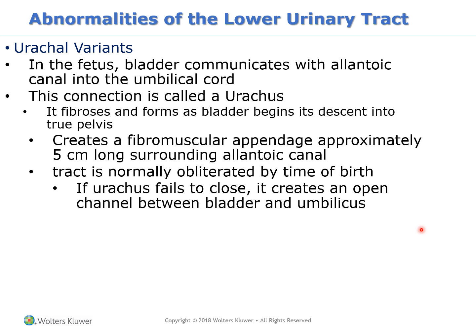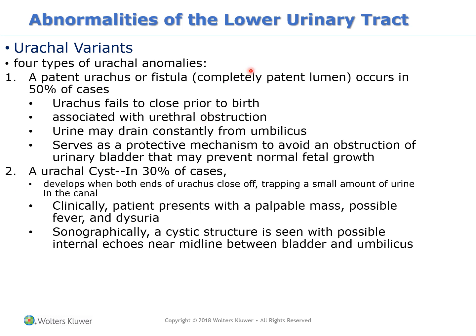Now, it can't always be a simple urachus. A simple urachus would be where the cord doesn't fibrose at all, and it leaves an open communication between the bladder and the umbilical cord, which after birth would then become the belly button. When it partially fibroses, we get stuck with something called a urachal cyst.